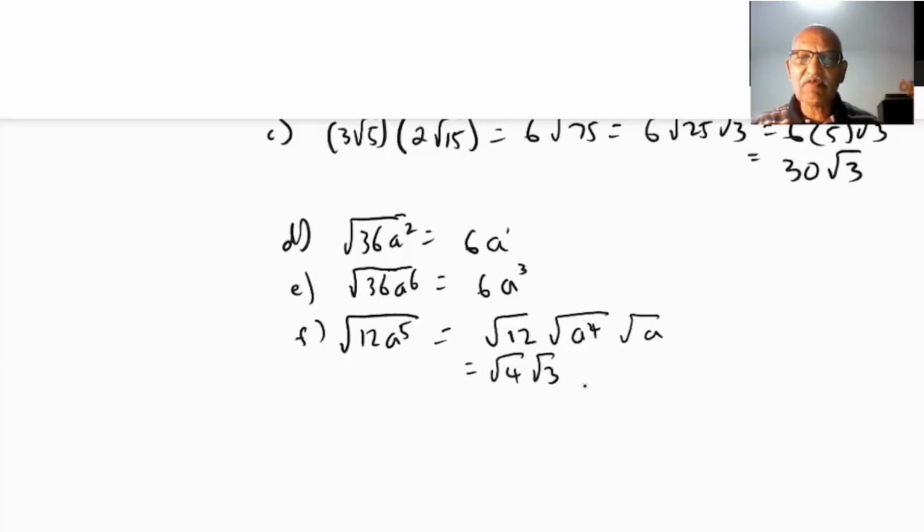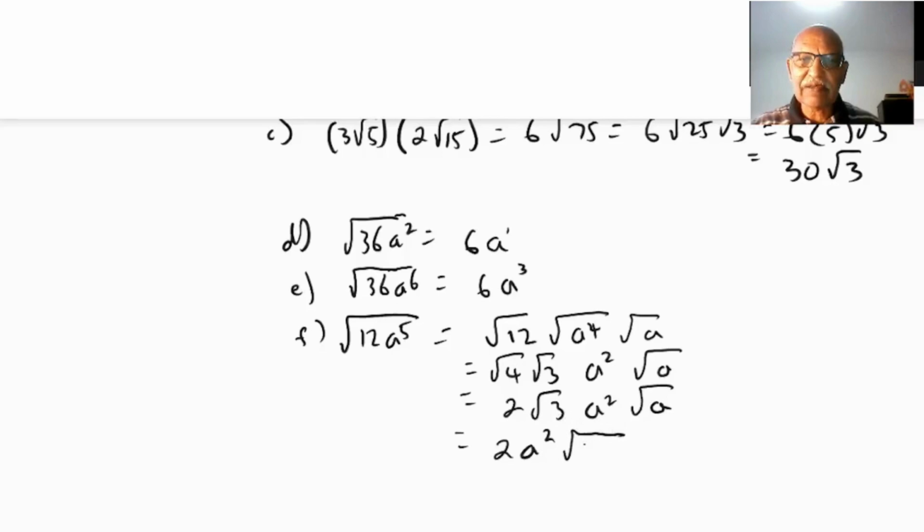Square root of a to the power 4 is a to the power 2. Square root of 4 is 2, root 3, a squared, square root a. And the radicals, I can write them together because I can multiply radicals under the radical sign. So 2 times a squared is 2a squared, square root of 3a. That's my final answer. Okay, these are all about radicals.